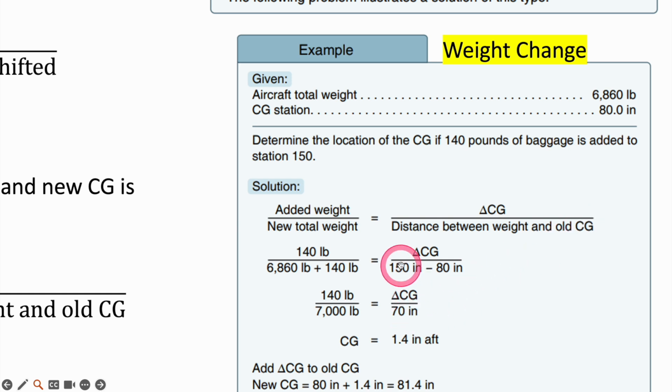So that was 150 inches is where that station, or the new station is, minus 80 inches for the center of gravity. 140 divided by 7,000, center of gravity divided by 70, 1.4 inches. So you're adding that to the original, which was 80, you end up with 81.4.